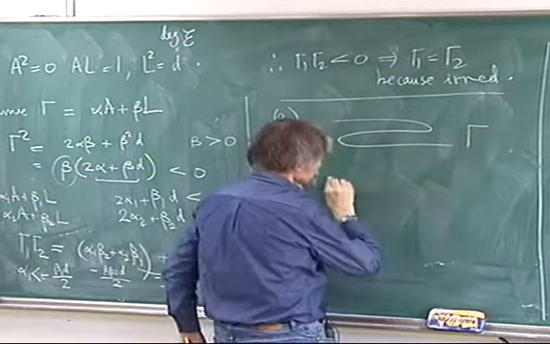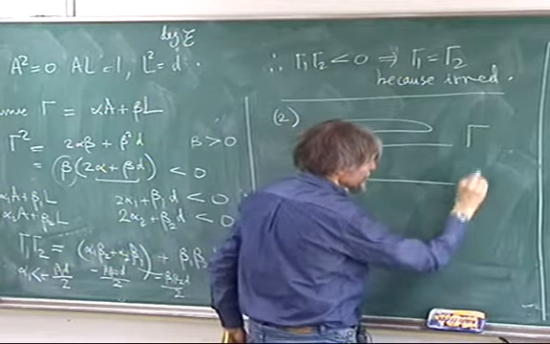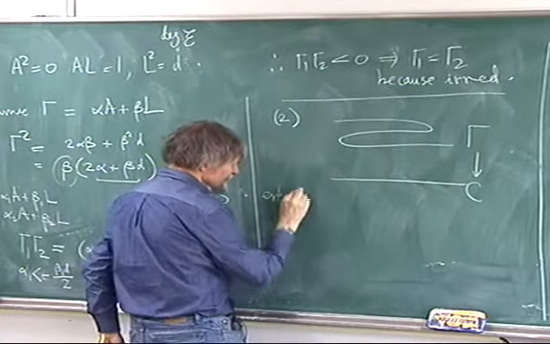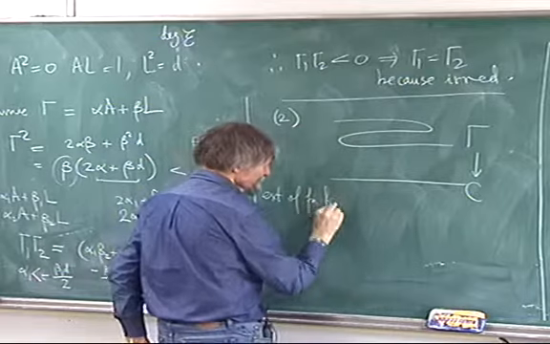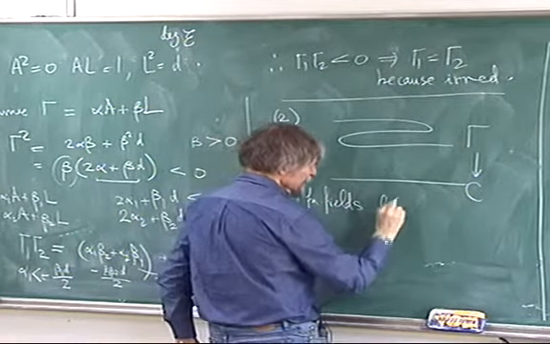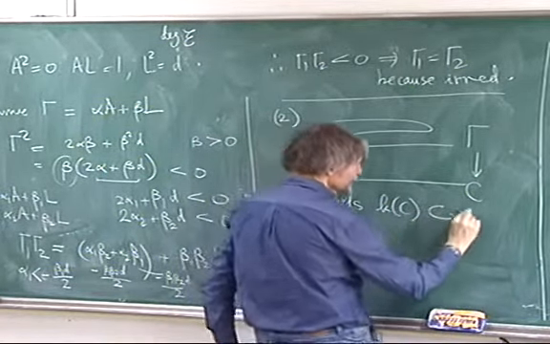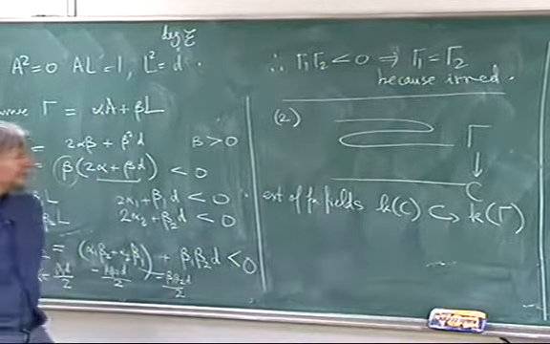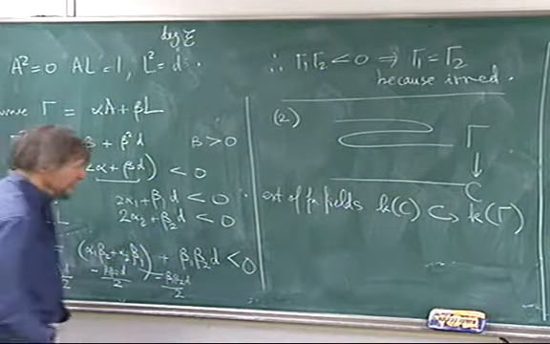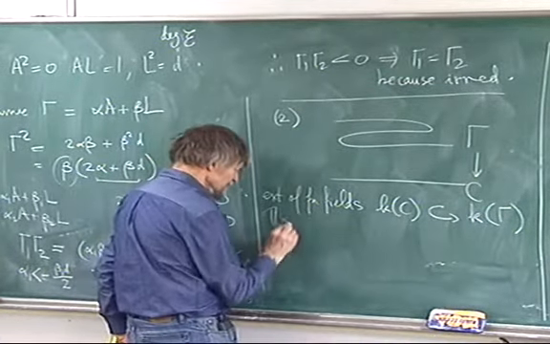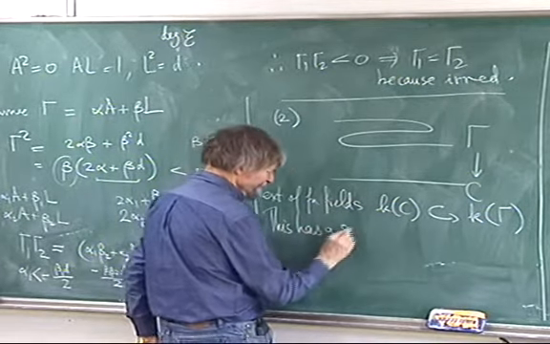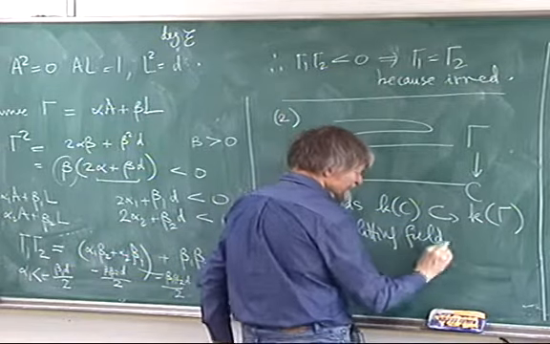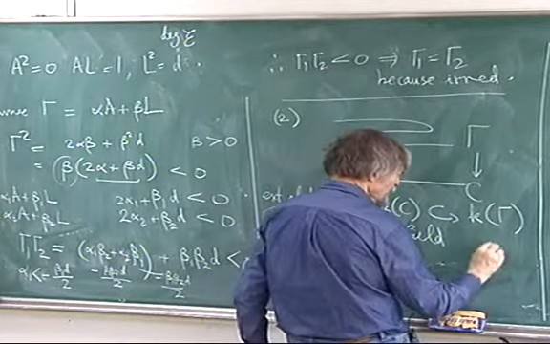Let's think of the gamma as hanging in the air there, lying over C. There's an extension of function fields, K of C included in K of gamma. So this has a splitting field, some L.